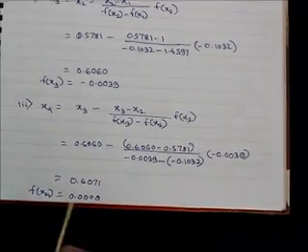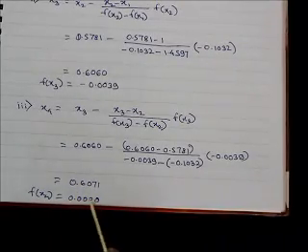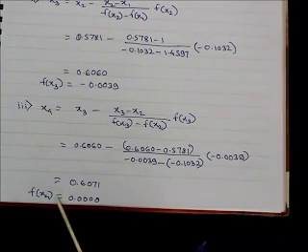If you get a value of x4 that gives you, say, up to 4 significant digits, f as 0, then it's okay.